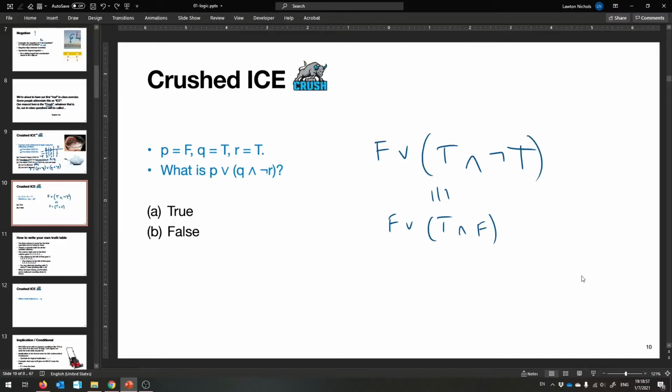True and false, well, they're not both true, so it's going to be false. So we have false or false. Or would give us true if at least one of them was true, but none of them are, so we have false in the end. Hopefully that made some sense. And we are now through our next in-class exercise, which I am calling Crushed Ice.